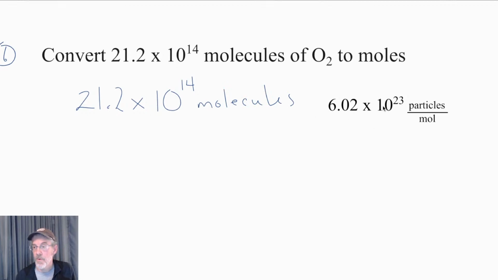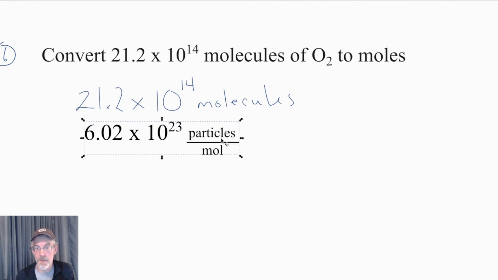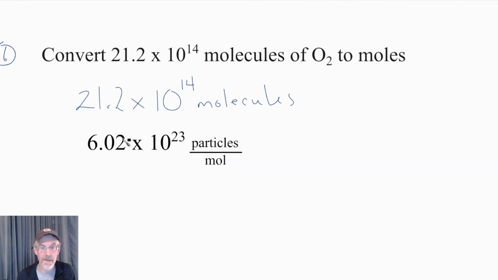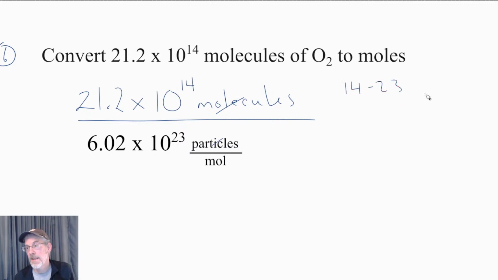So you could do what we did before here. You could just put this underneath and divide by it. And that would work. Particles would cancel out and we just divide. So here I would subtract 14 minus 23. 14 minus 23, that equals what? -9?